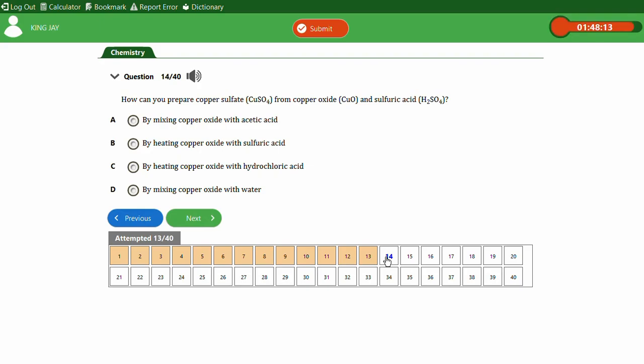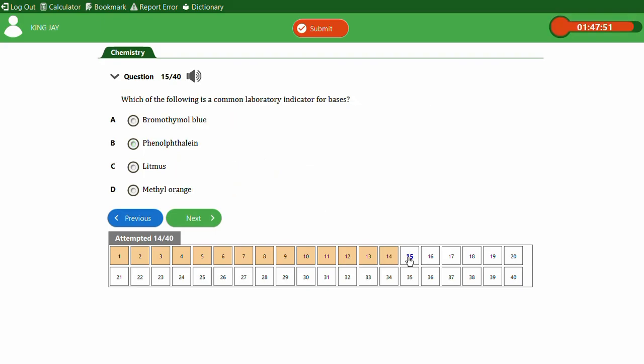D, by mixing copper oxide with water. The answer is B, by heating copper oxide with sulfuric acid. So that's the answer B. I'm right. I will check that out at the end of the video.